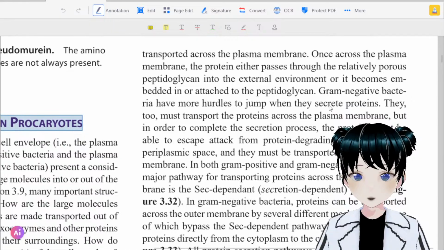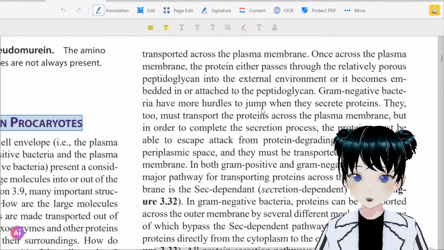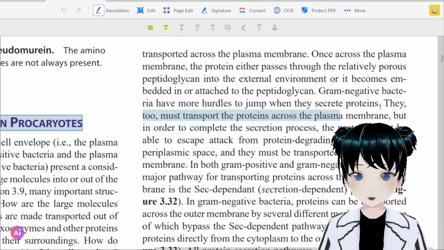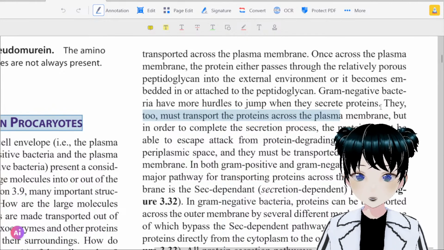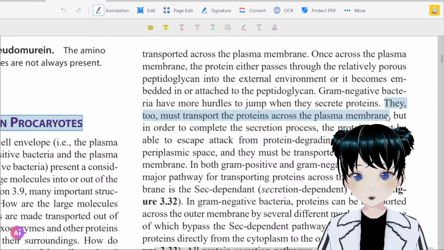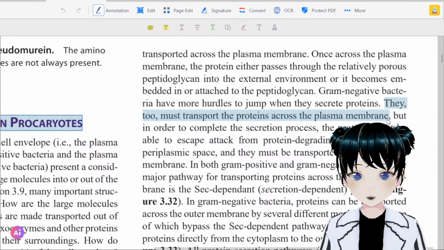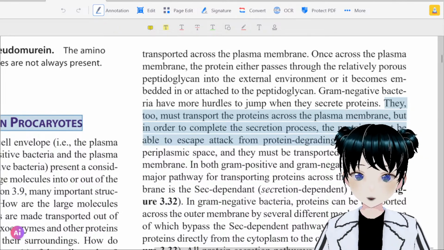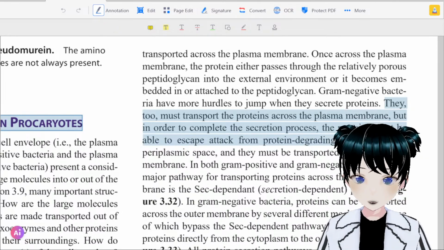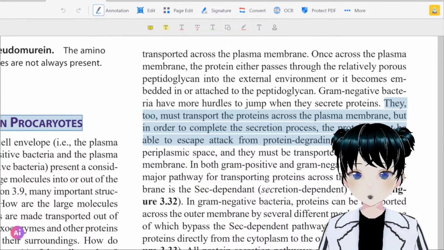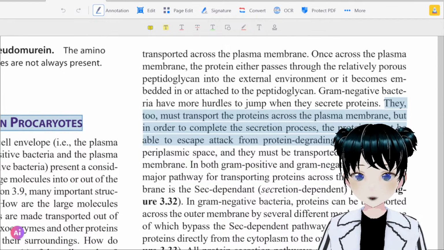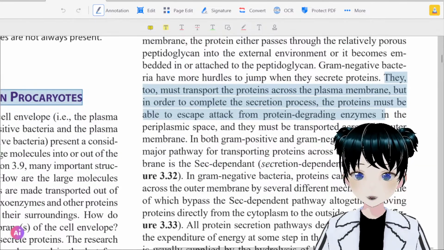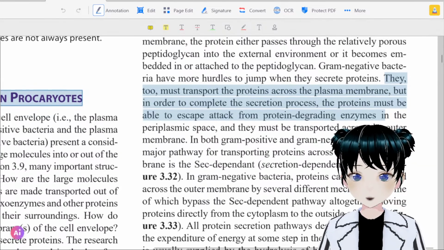Gram-negative bacteria have more hurdles to jump when they secrete proteins because they have a complex layer of cell wall on them. They too must transport the proteins across the plasma membrane, but in order to complete the secretion process, the protein must be able to escape attack from protein-degrading enzymes. When we are secreting proteins, of course there are a lot of enzymes that degrade proteins, for example proteases, pectinases.